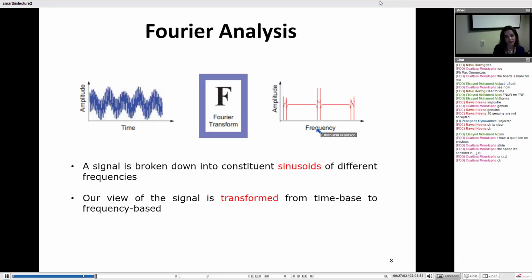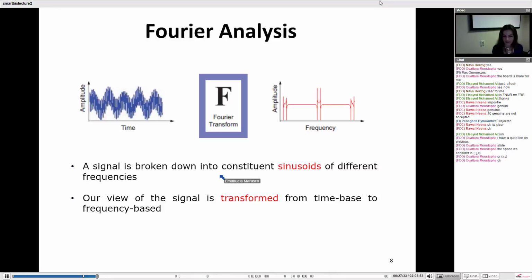And it's convenient to use sine and cosine functions, which fit very well for fingerprints, because we can consider the Fourier formulation, the Fourier principle. Any signal is broken down into basic sinusoids of different frequencies, and specifically, it is a sum of them.